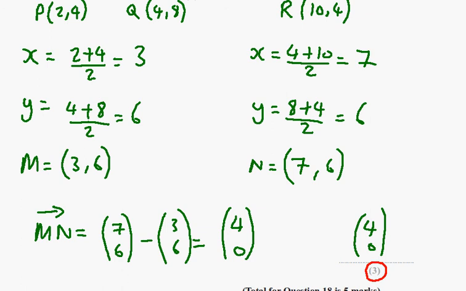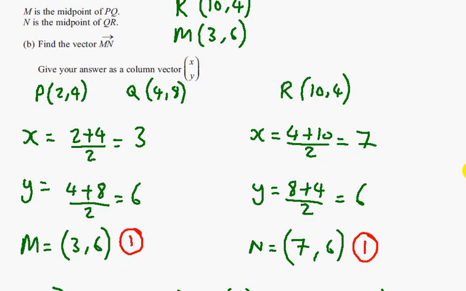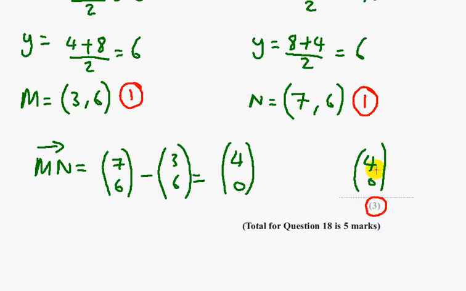The first mark is a method mark for finding M. The second mark could be for finding N. And the third mark is for the column vector M to N, which is (4, 0). And that's it for question 18.